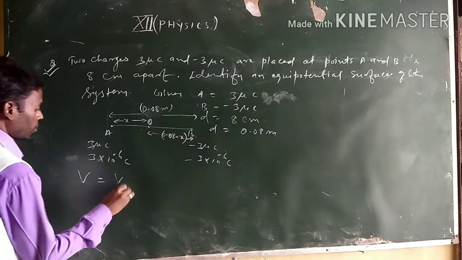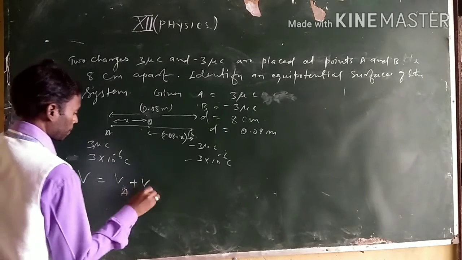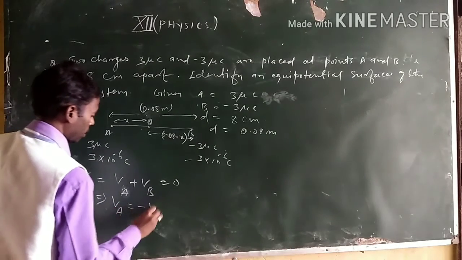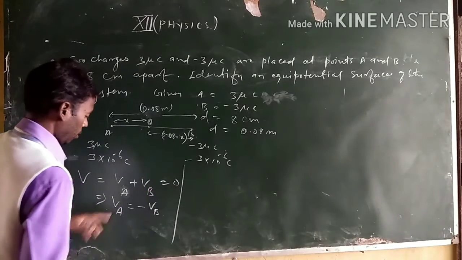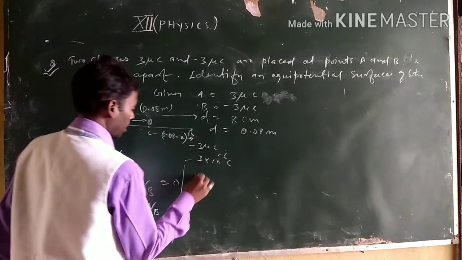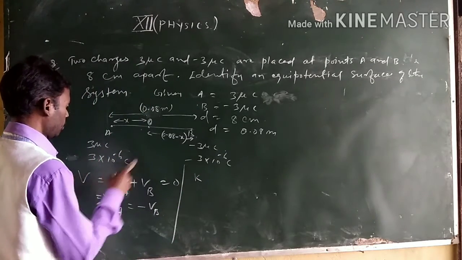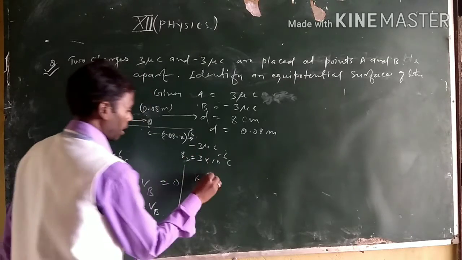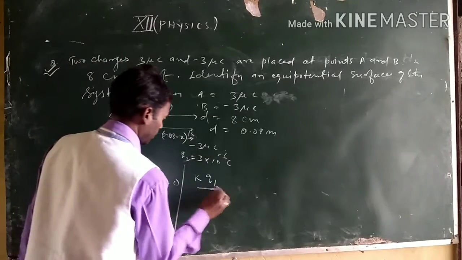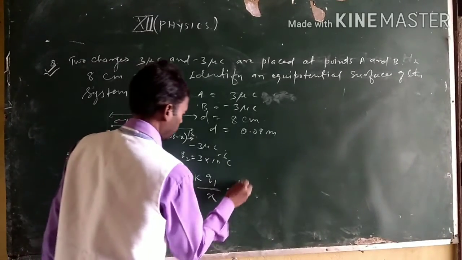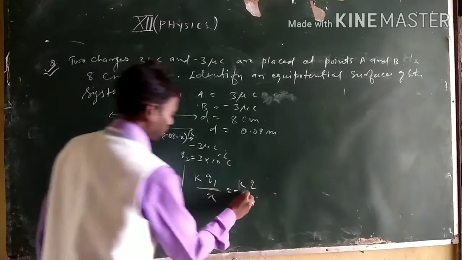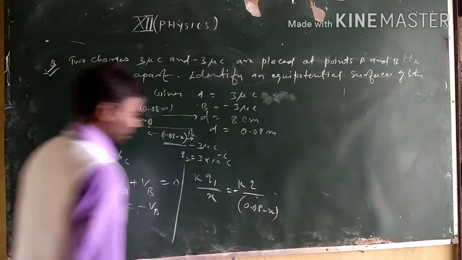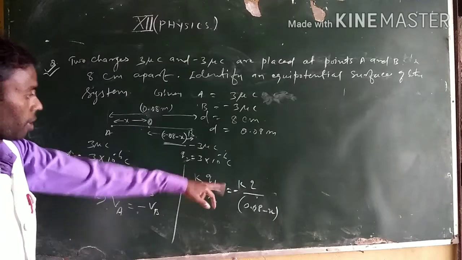That means V_A is equal to minus V_B. The potential is K times charge divided by distance, so K Q1 divided by x is equal to K times minus Q2 divided by 0.08 minus x.